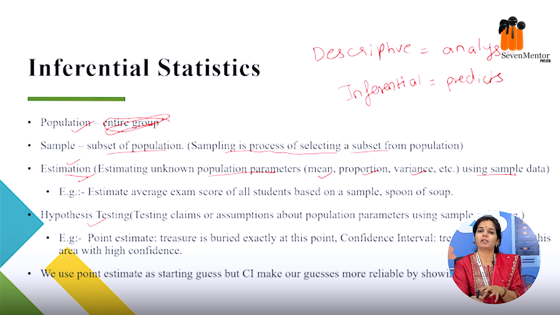We need to take a handful of samples, depending upon the scenario, and then do the testing and predictions on the sample data, not on the population, because it is very cost effective. It also increases the model size, and we are not sure whether we are going to get correct outcomes.